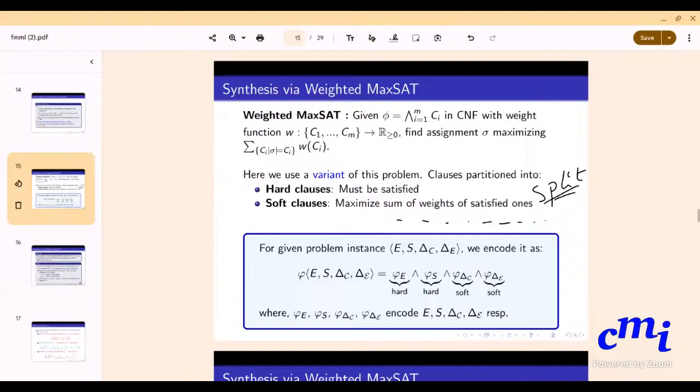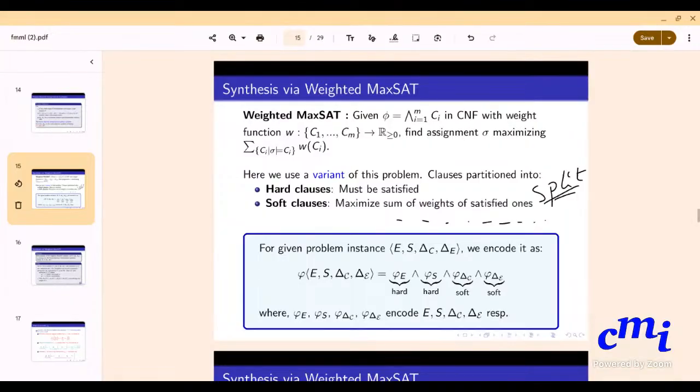Now, these are the soft ones, because that is where you want to search for what is more optimal. So phi delta C computes the correctness measure for any particular solution, and phi delta E computes the explainability measure, so that you want to optimize over. You can never compromise on the first two things.